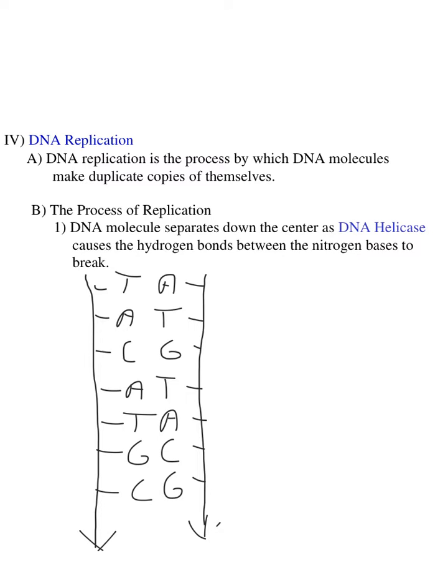Well, the first thing that's going to happen is a special enzyme called helicase, DNA helicase, is going to cause the hydrogen bonds that are between these nitrogen bases down the center, the rungs of the ladder, all the way down the center, to break apart, causing DNA to kind of sort of unzip down the middle.